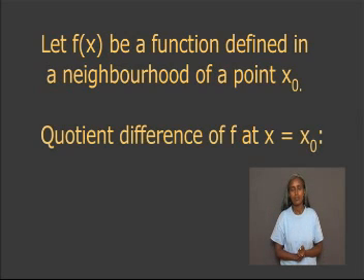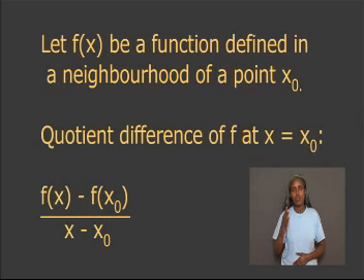The ratio (f of x minus f of x naught) over (x minus x naught) is called the quotient difference of f at x equals x naught.